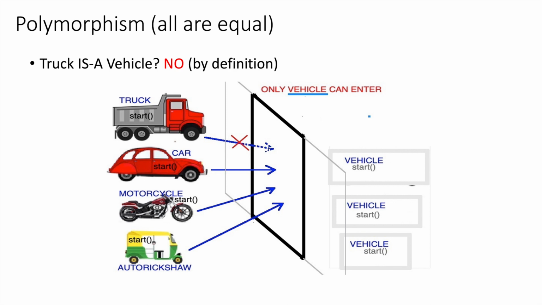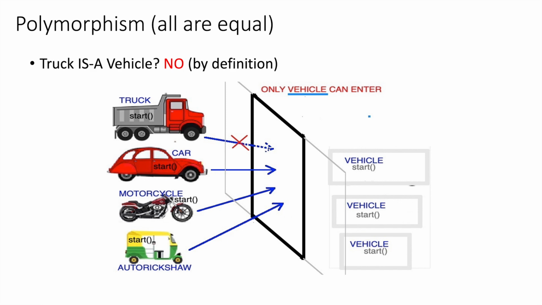Remember, this is a bit difficult concept, but it is going to be important for understanding further discussions. When a car passes through this door, inside the gate it is only a vehicle. Even a motorcycle passing through it is a vehicle inside the gate. An auto rickshaw passes, it's a vehicle.